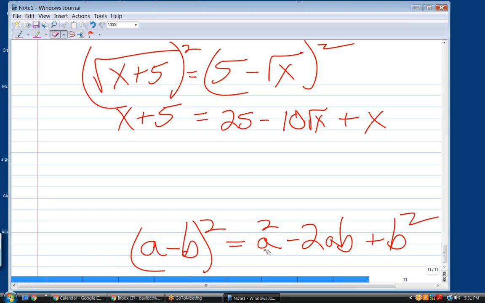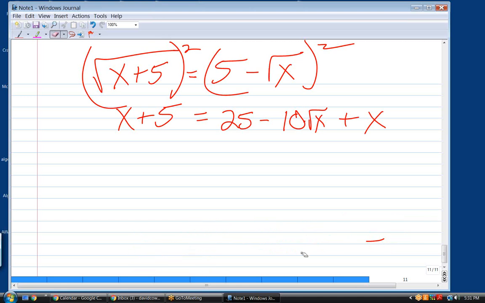It's hard to memorize this. And it doesn't matter whether it's a minus b or a plus b. If it's a plus b, this just is a plus sign. So if I'm squaring anything like this, the first term is going to be a squared, that's 25. The middle term is going to be that times 2.